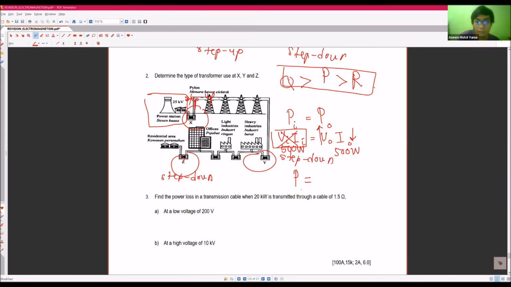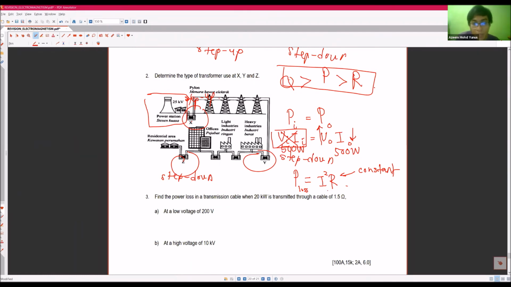Power loss, the formula is I squared R. The resistance R is going to be constant because we use the same wire throughout the whole network. We don't need to change the wire because it's very costly. We just leave it as it is, so the resistance doesn't change.